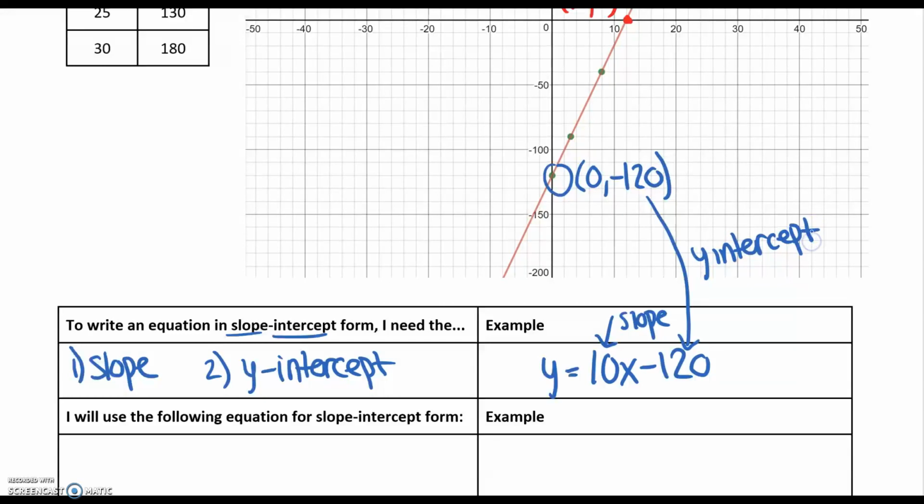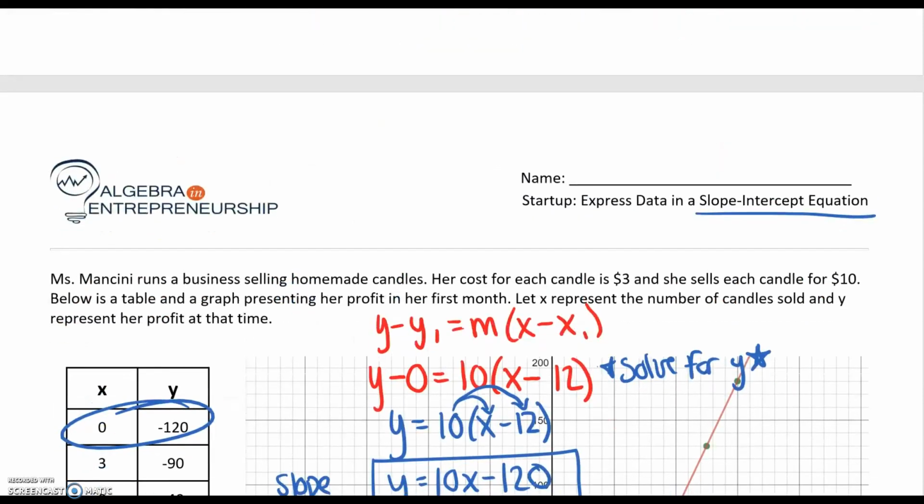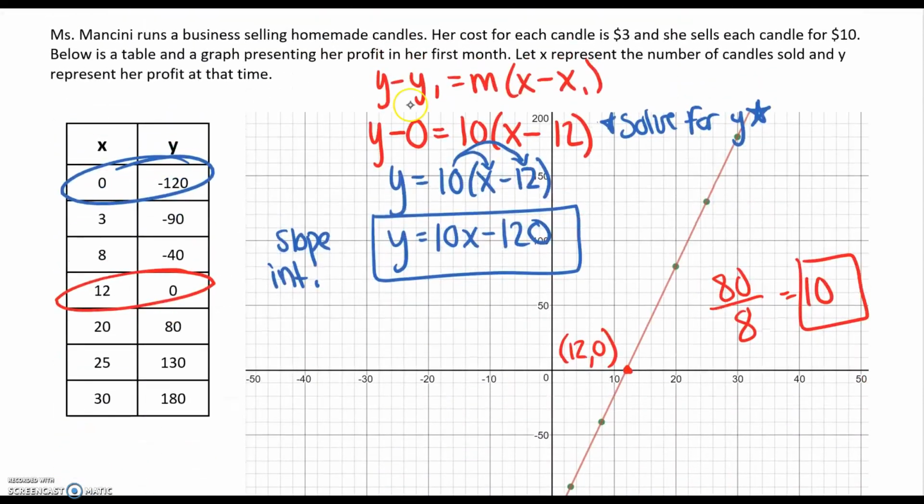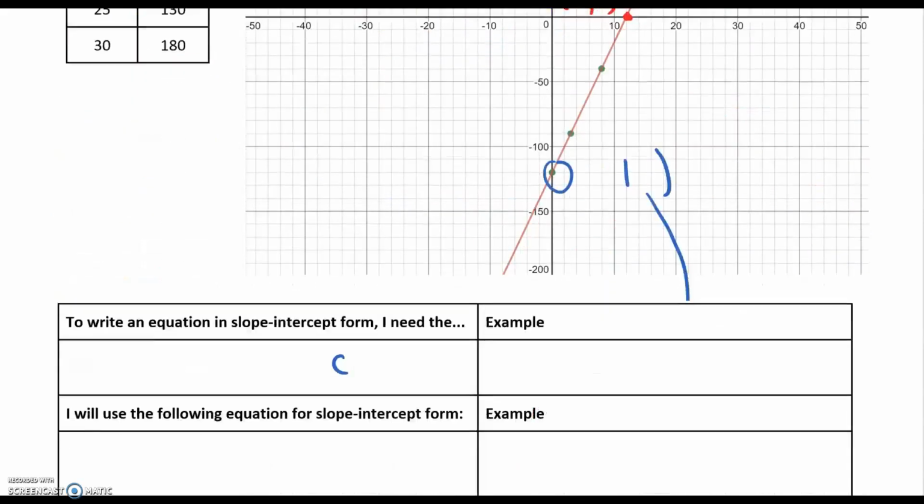So again, slope-intercept form is useful when you have the slope and the y-intercept. Point-slope form you use when you have a slope and any point. But they are equivalent, as you can see. If you distribute out point-slope form, it would be the same thing as putting it in slope-intercept form. It's just a different way of writing it.